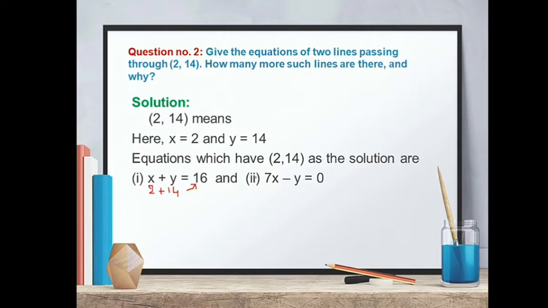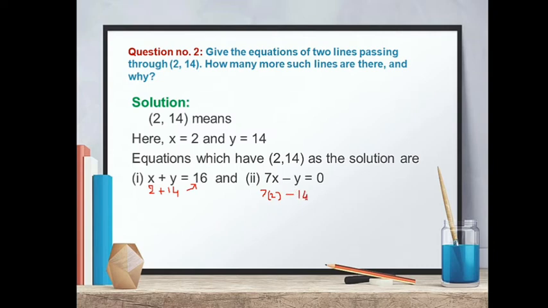Then the second equation, is it possible? Yes, in place of x I keep 2, so it becomes 7 into 2, and 7 into 2 is equal to 14, and then minus y, which is 14.